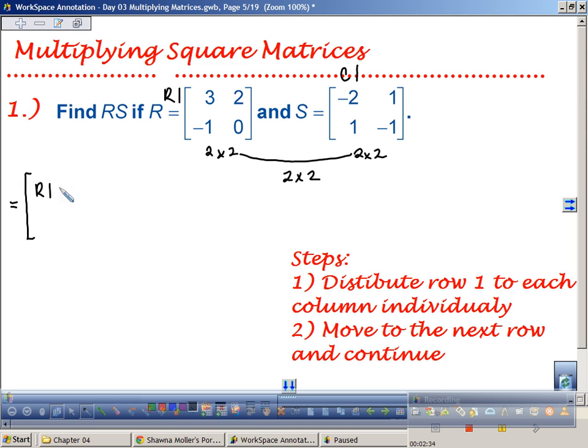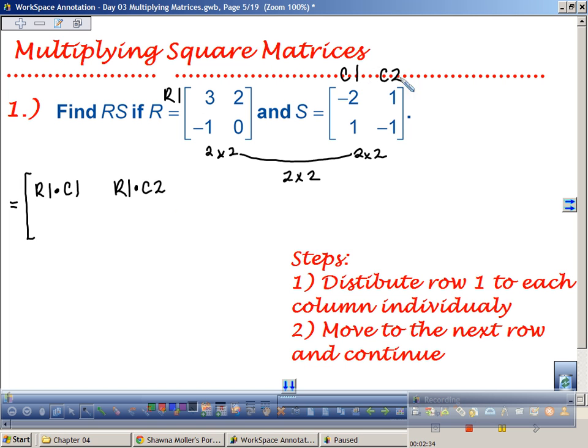Row 1 times column 1. Then I'm going to continue on. I have not finished with row 1 because I still have a what? I still have a column 2. So I'm going to multiply my row 1 times my column 2.